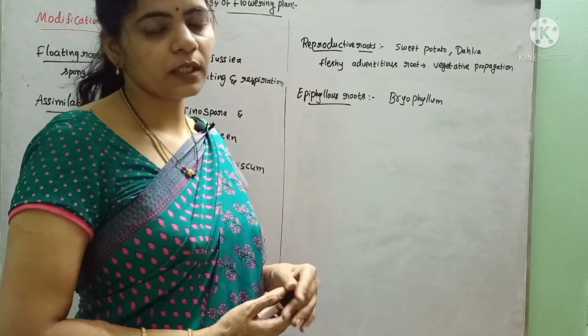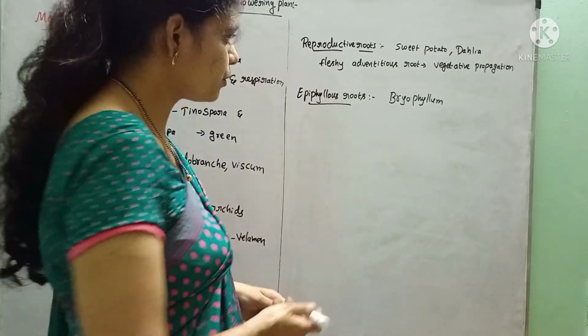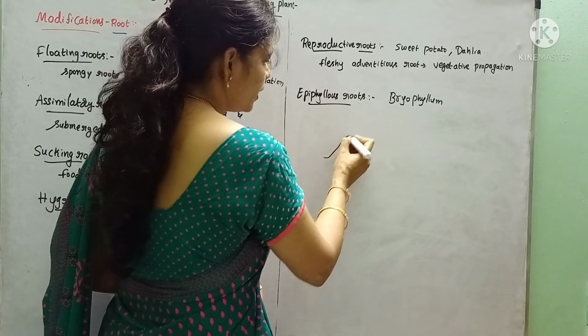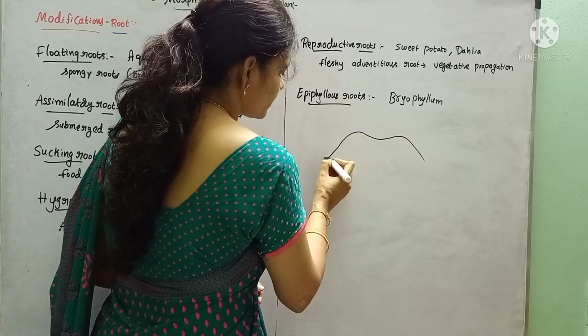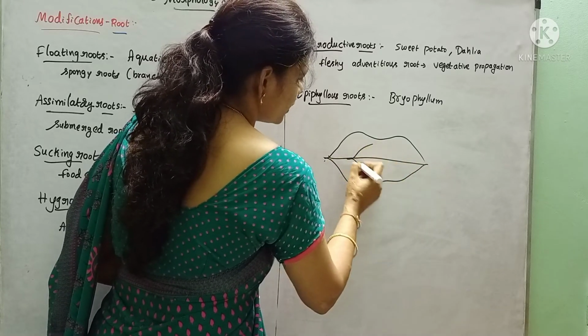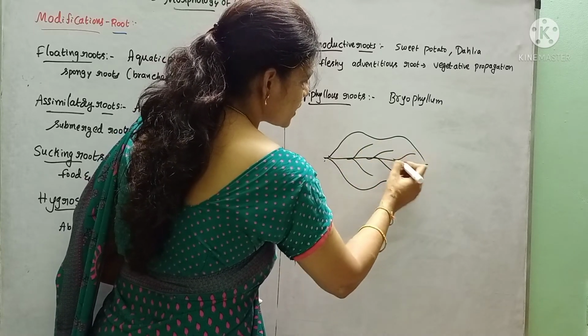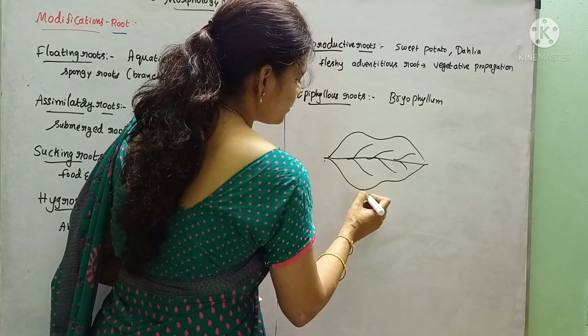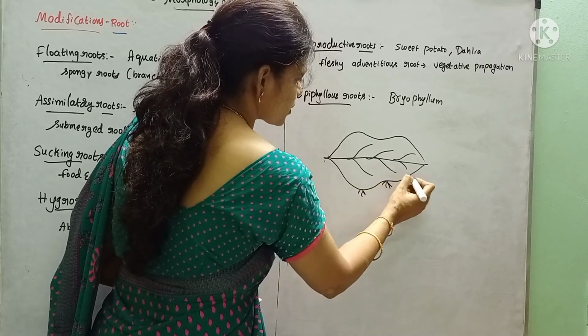And epiphyllous roots. Epiphyllous roots means some plants such as Bryophyllum have a leaf lamina like this. In this Bryophyllum, the margins of the leaf lamina develop some root-like structures.